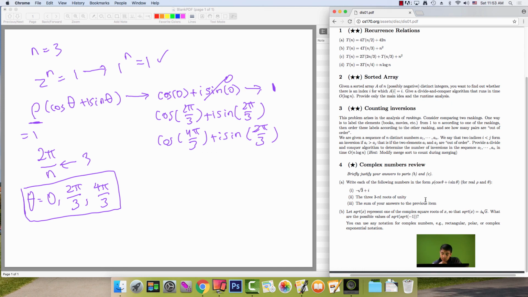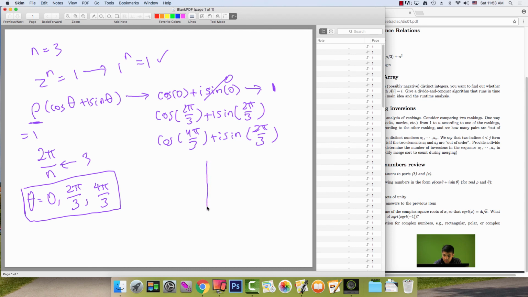Okay, so now going back to what we discussed in the previous part about graphing complex numbers in the complex plane, roots of unity tend to have a very interesting property. So if we draw a circle of radius 1, this is going to be i, negative i, 1, and negative 1. The roots of unity are going to be evenly spaced on this unit circle in the complex plane.